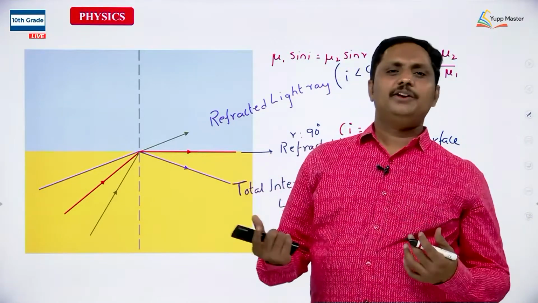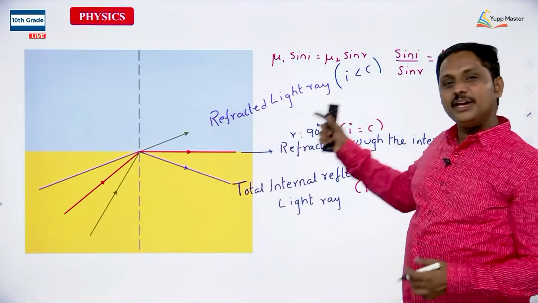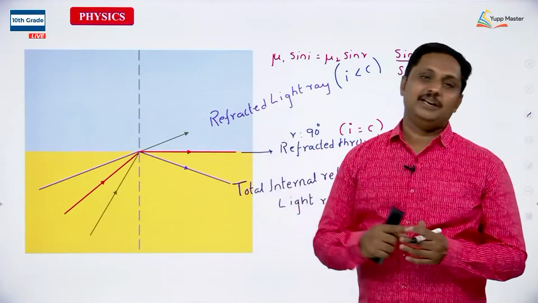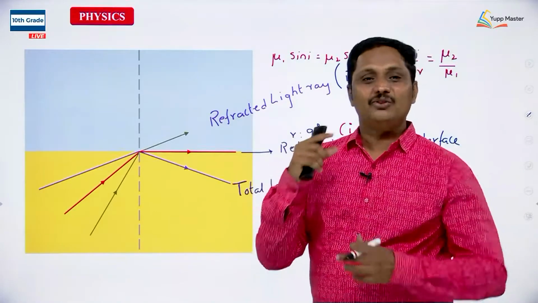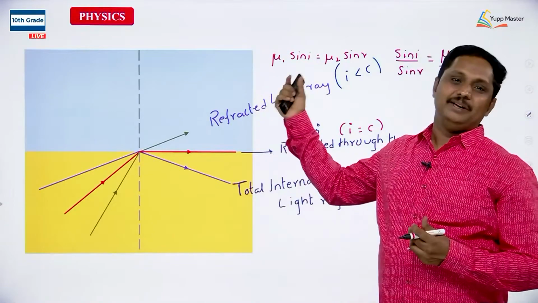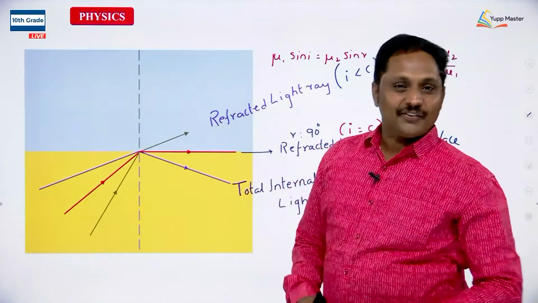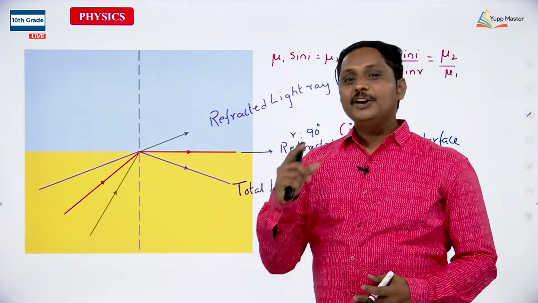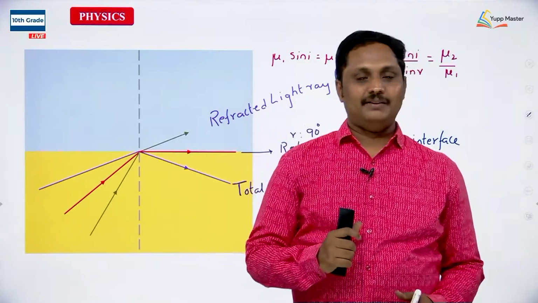If you know the speed of light, you can estimate the refractive index. What is the meaning of refractive index? The speed is reduced by the refractive index times in that medium. Suppose the light enters the glass medium. The speed of light is going to be 2 into 10 power 8 meter per second. That is very clear.